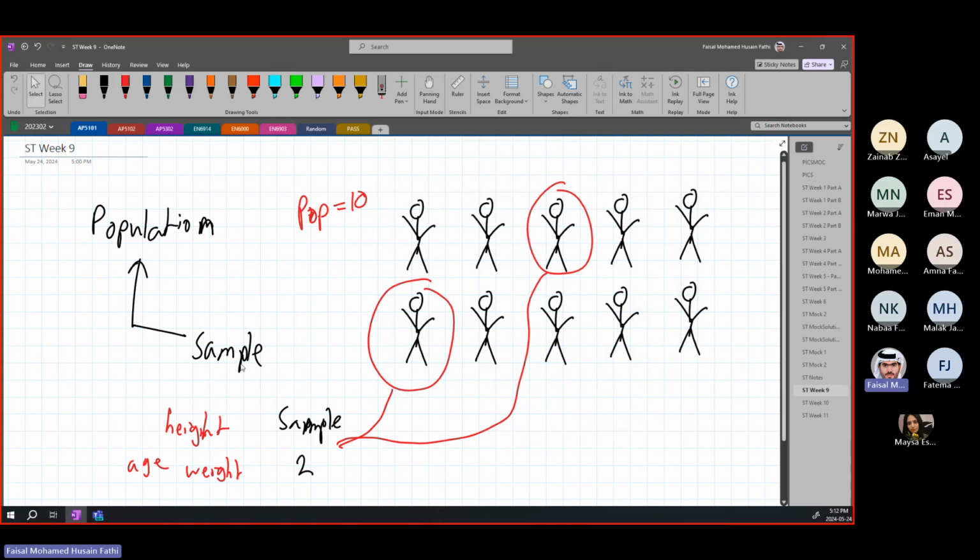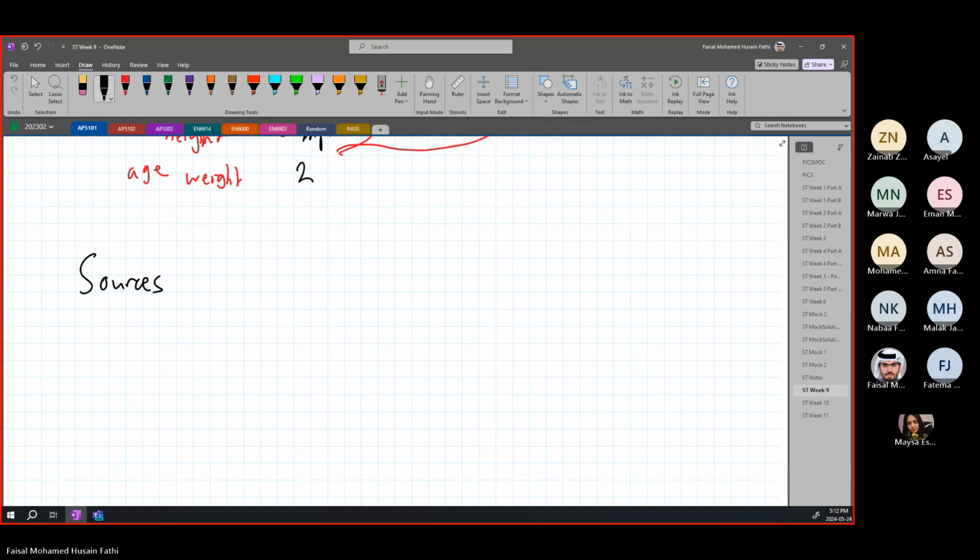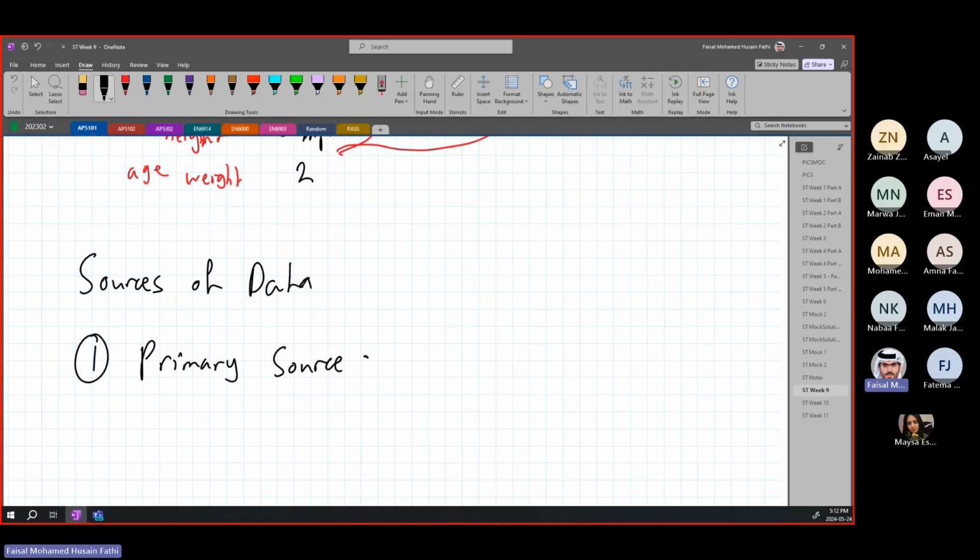The data can be one type of data or multiple points of data. And there are a lot of different ways of gathering it and a lot of sources. When we're talking about sources of data, we have 2 main sources. The first one is usually called a primary source of data. To get a primary source of data, you yourself are directly involved in gathering the data.